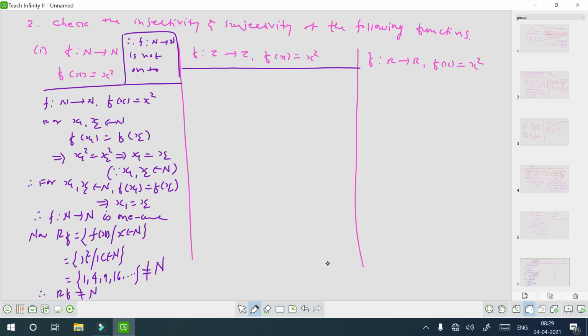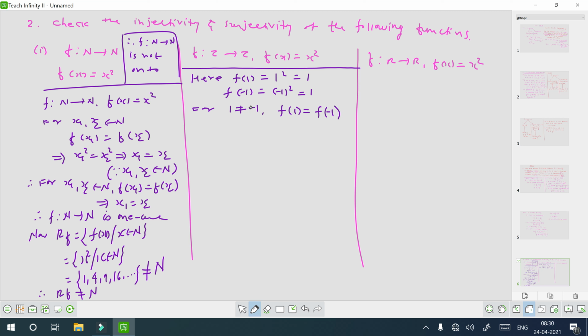Same way, please see here. Here f from Z to Z, Z is the set of integers. For the set of integers, we can mention that f of 1 is equal to 1 and f of minus 1 square is also 1. So for 1 not equal to minus 1, f of 1 is the same as f of minus 1.